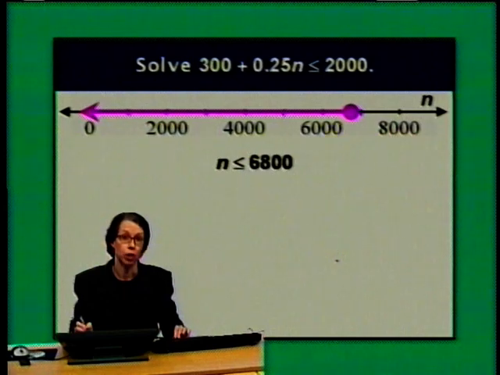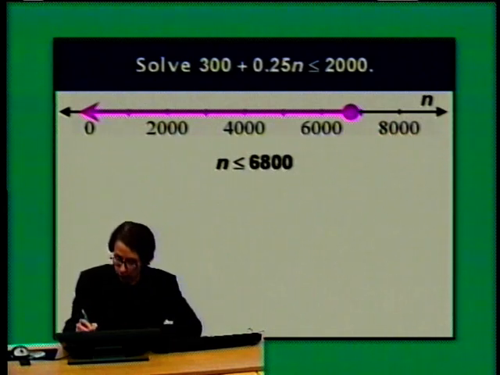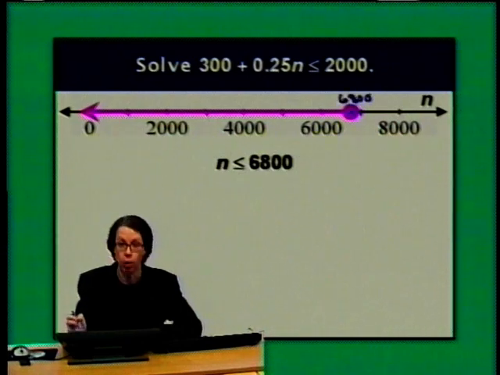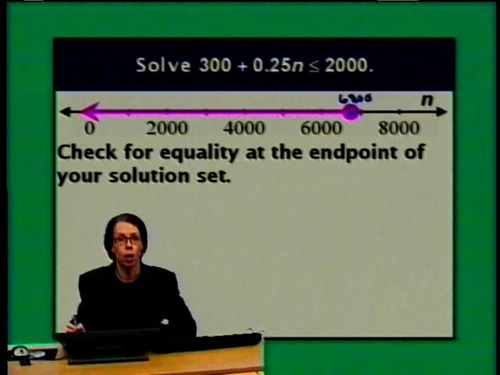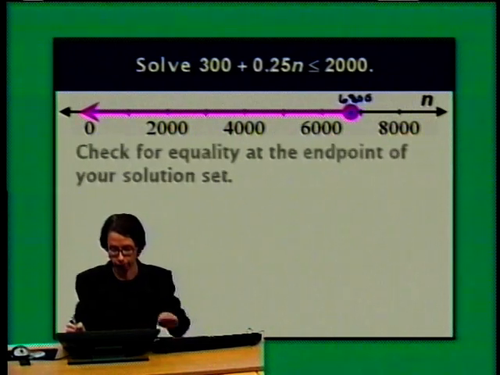So now I want to check my solution, and I have a graph of the solution set here. 6,800 is here on the n number line, and my proposed solution is n less than or equal to 6,800. So I'm going to start by checking for equality at the endpoint of the solution set.